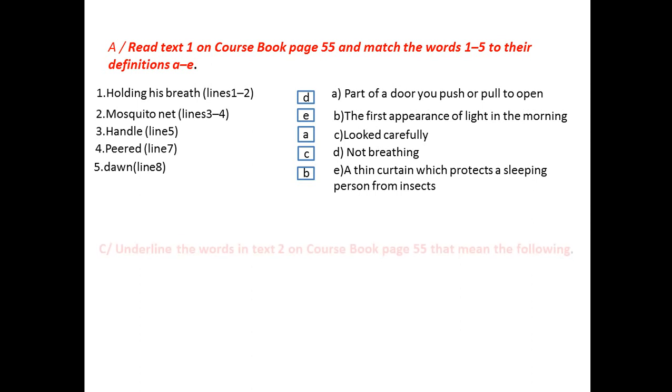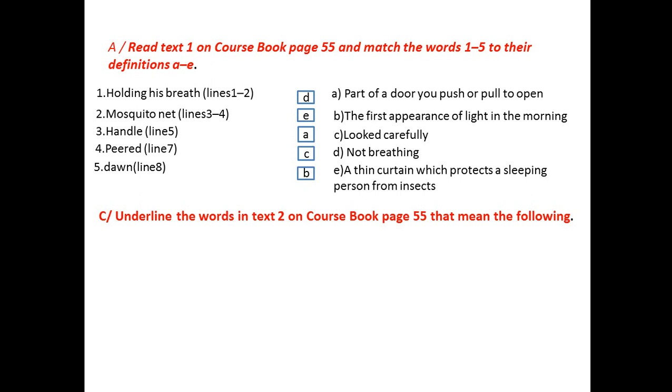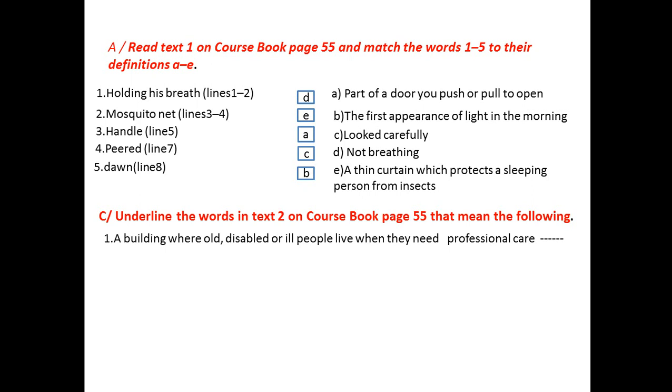Turn to the next section, C. Underline the words in text 2 on course book page 55 that mean the following. Number 1, a building where old, disabled, or ill people live when they need professional care. Number 2, die.